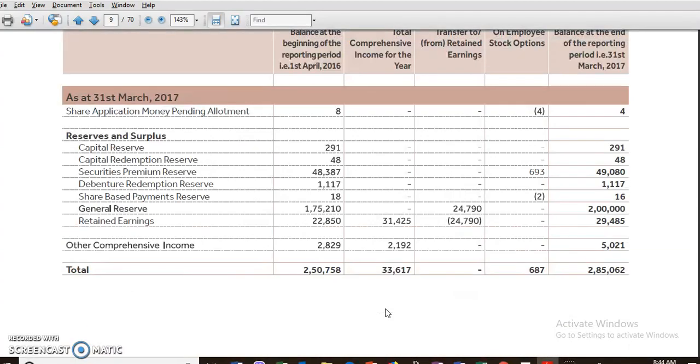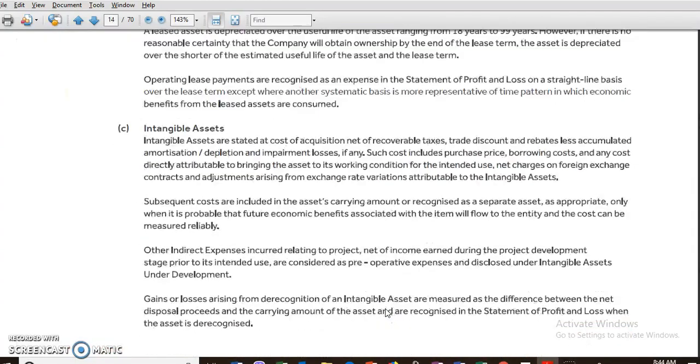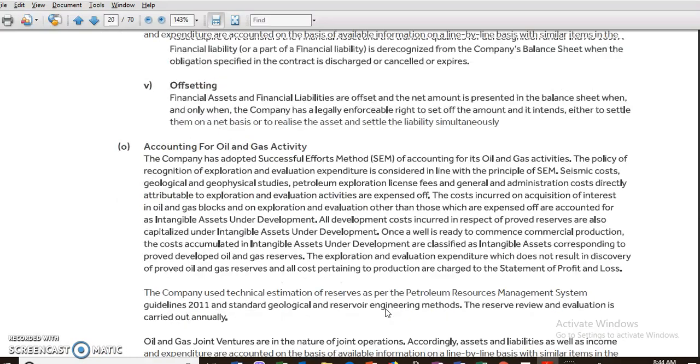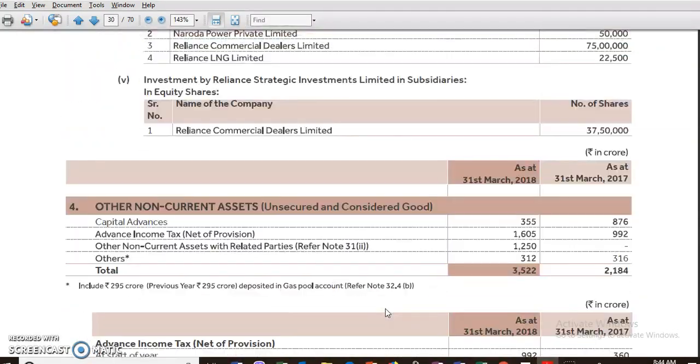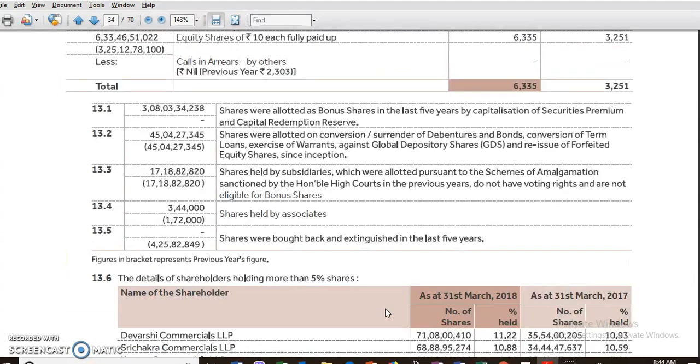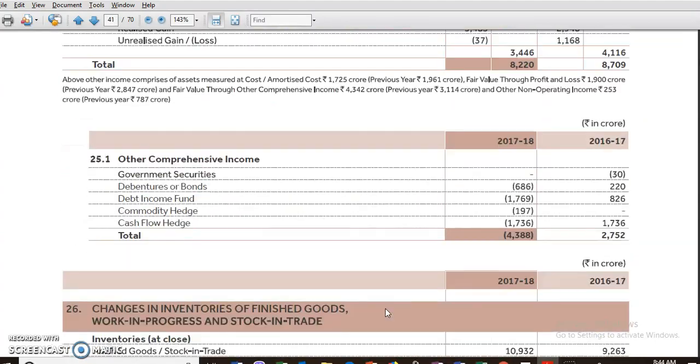So let's look at schedule number 28, which was for cost of sales. In this, we have other income, which we learned earlier. Now we have changes in the finished goods.